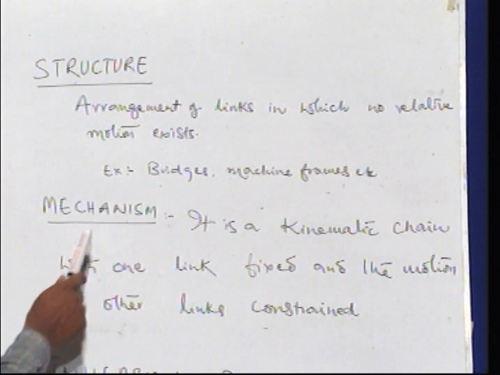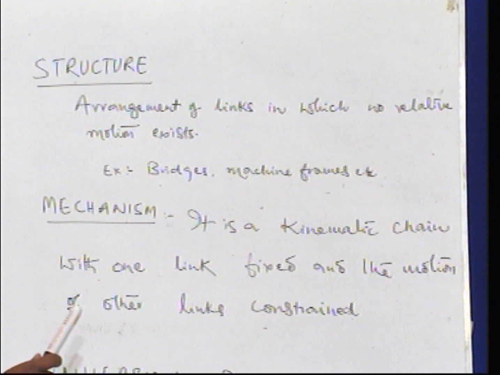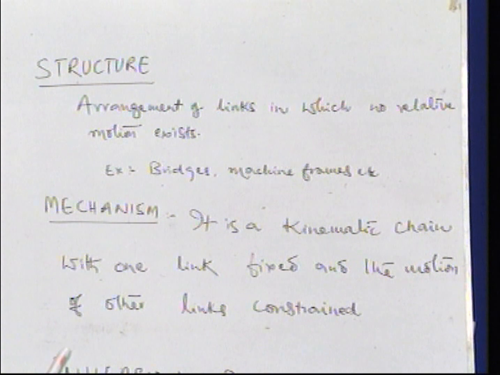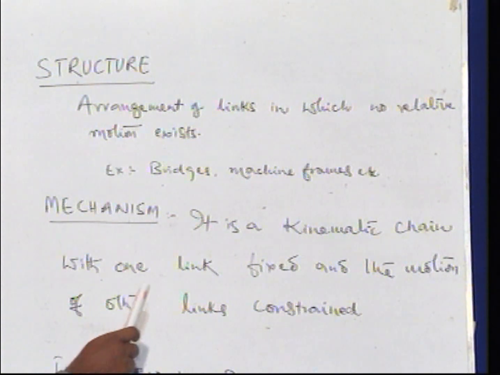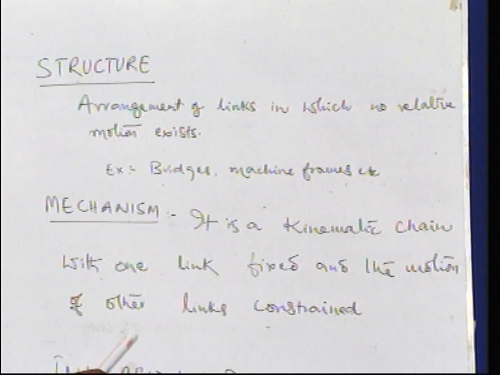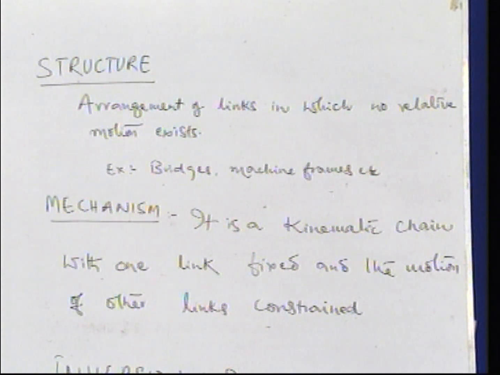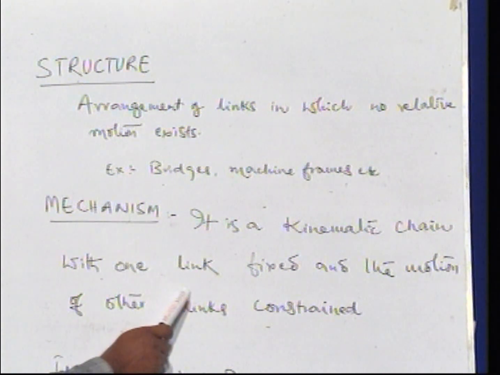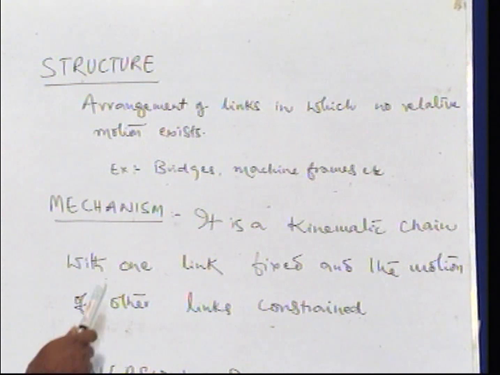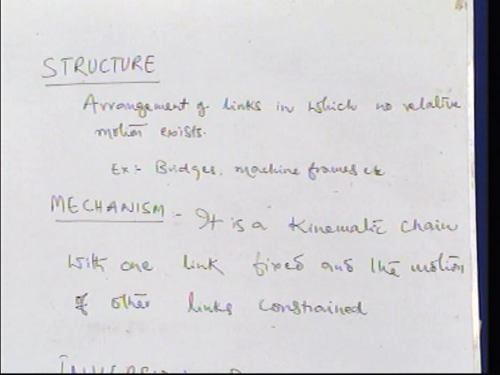Hence, a machine does the function of transmitting the motion and transforming such motion into the useful work. If it is to transform the energy, then it is called a machine.